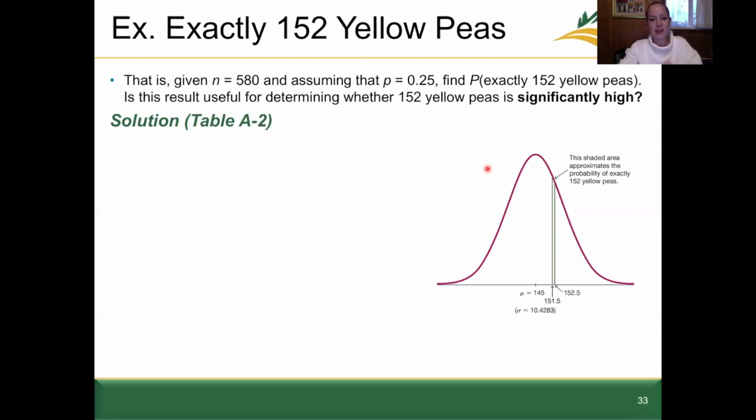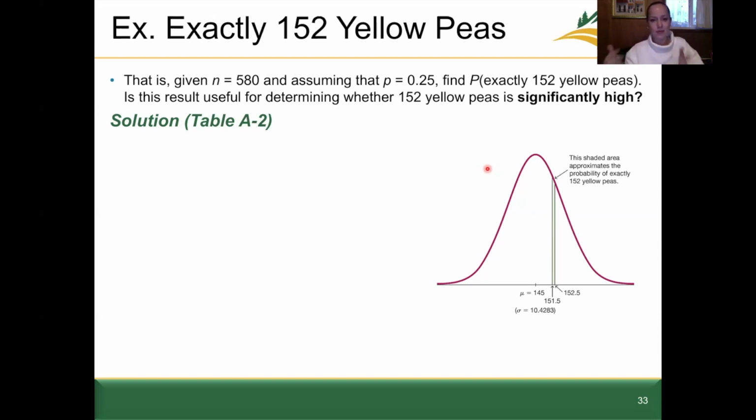That means we can't use an X value of 152. Instead, we need to use the continuity correction because we're taking a binomial distribution and approximating it as a normal distribution. Not only that, but in order to use table A2, we have to have z-scores and we have to have treated our data as a normal distribution.